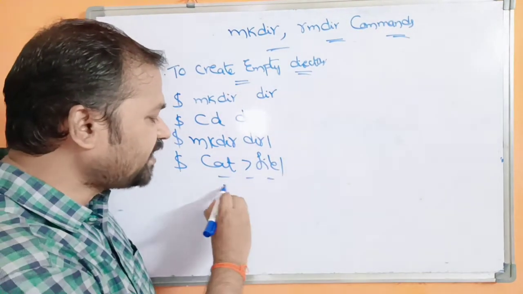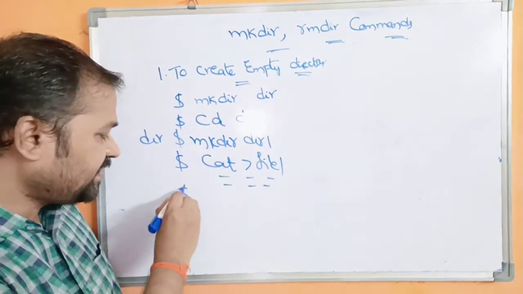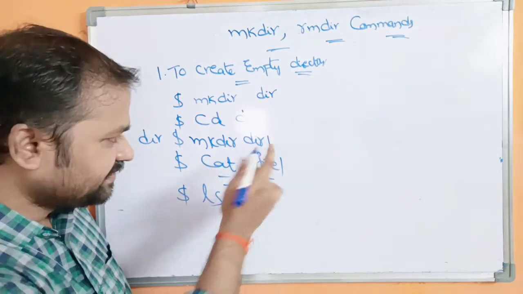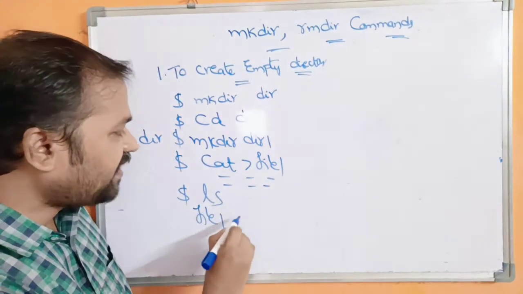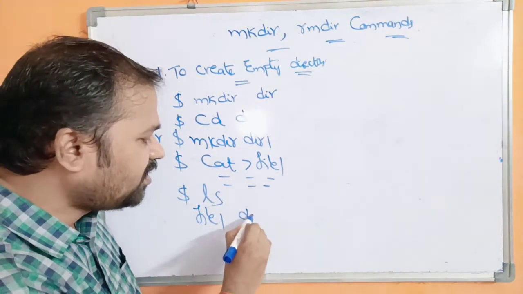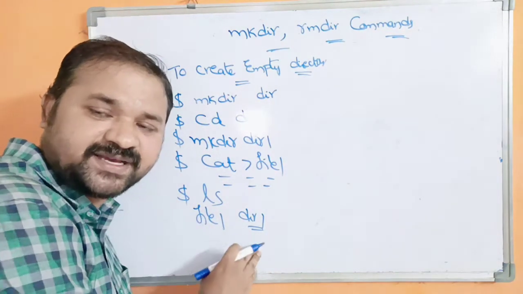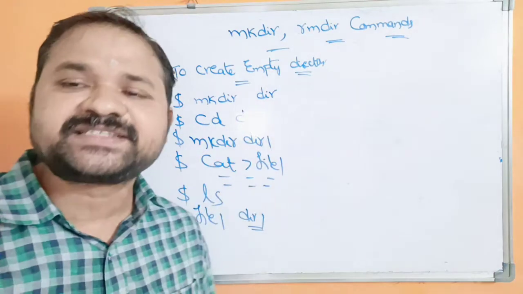Here we have two lines of content. Next, if you display ls, which stands for listing the files and directories, then this directory contains file1 as well as a directory called dir1. Likewise, we can create n number of files and n number of subdirectories inside a directory.